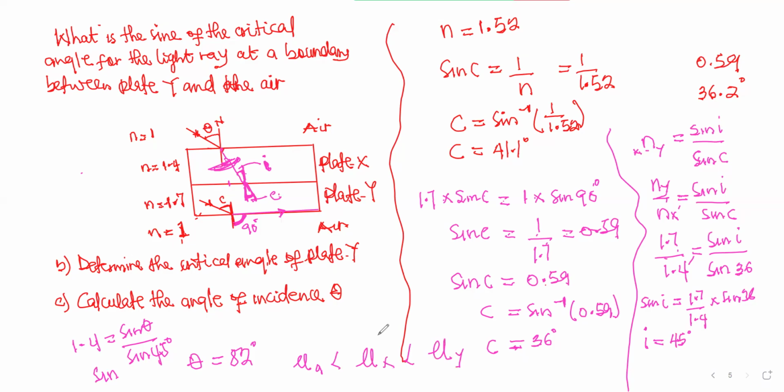But because of the critical angle condition, where the light is incident at that special angle, that is right. So this is how you have to gradually apply the concept of critical angle in solving problems.